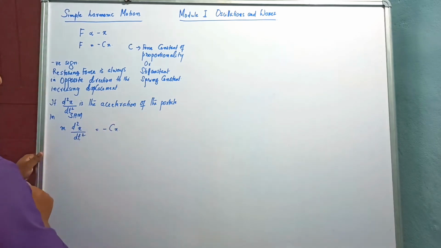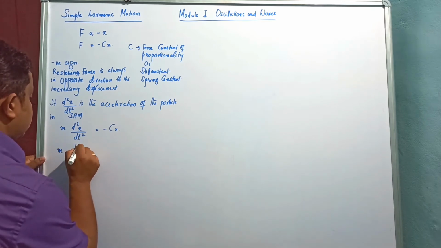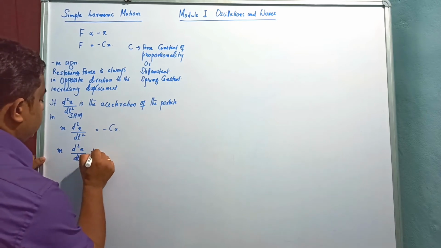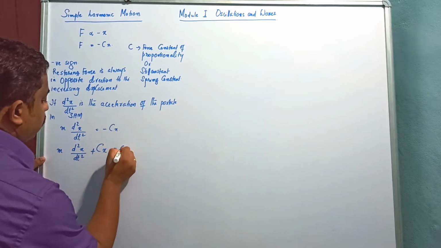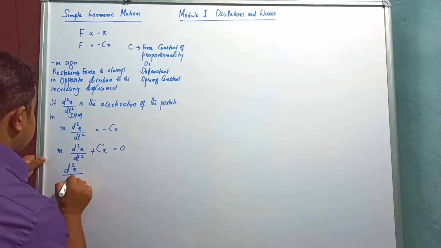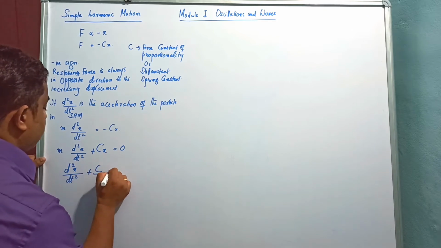Rearranging this equation, we can write m d square x by dt square plus cx is equal to 0. That is, d square x by dt square plus c by m into x is equal to 0.